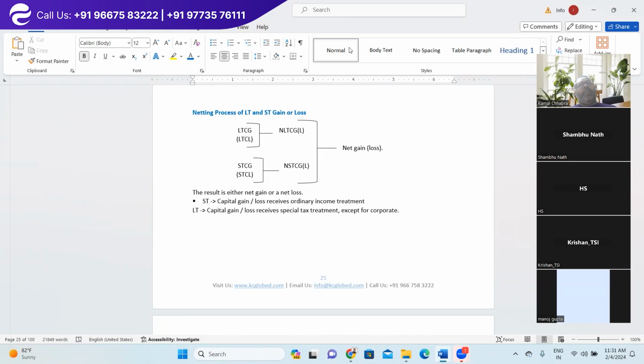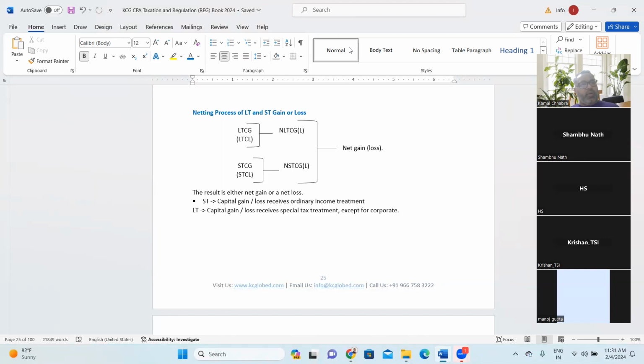In the same way, short-term capital gain can only be adjusted against short-term capital loss. This is what we have all learned in India. But in the US, there is one additional step: net long-term capital gain or loss, and net short-term capital gain or loss, can be further adjusted, and it may result in a net gain or loss.